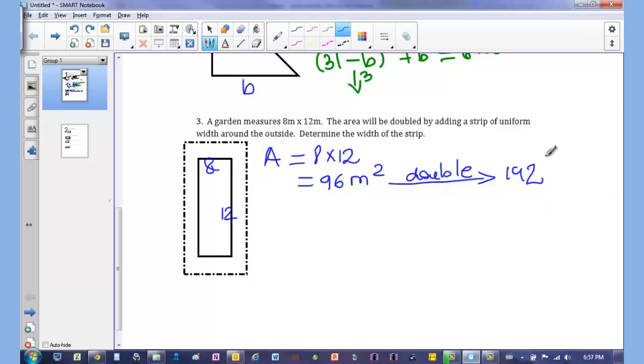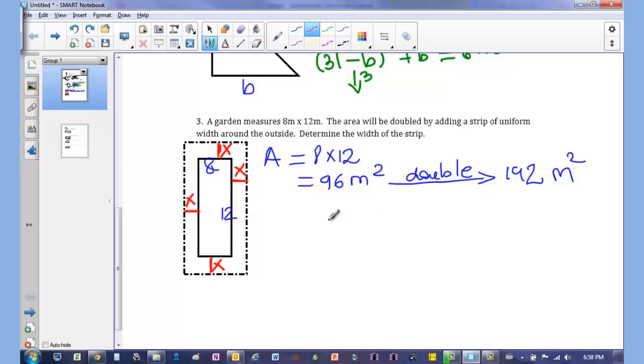So, 192 square meters. We are told that the garden is enlarged by adding a uniform strip all around. If it's of uniform width, all these sides measure, let's say, x meters.